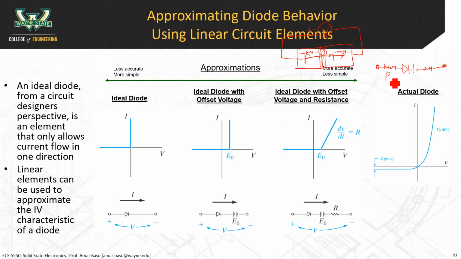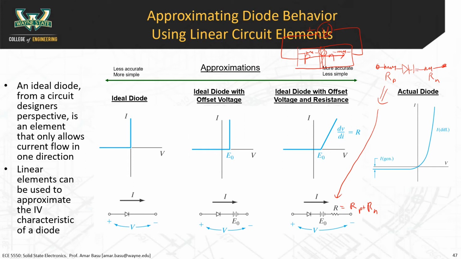So this is the resistance of the P region, and this is the resistance of the N region. And you can combine both of them. If you remember from circuits, you can combine those two resistances into a single resistor, and that's what you're getting down here. So this R is equal to the resistance of the P region plus the resistance of the N region. So it's the sum of the two.